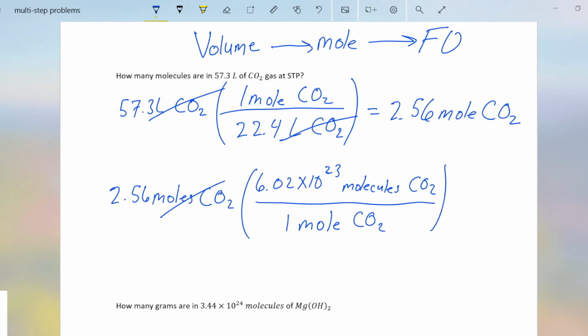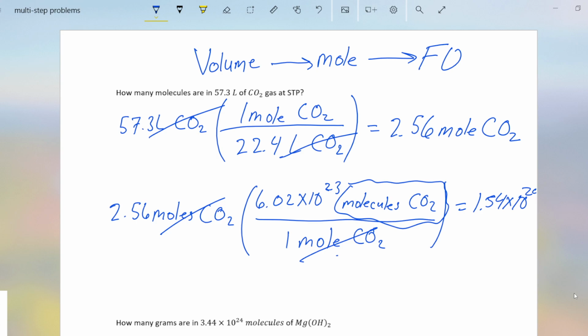So my units cancel on the top and bottom, and I am left with just molecules of CO2, which is what I want. The answer I get for that is 1.54 times 10 to the 24th molecules.